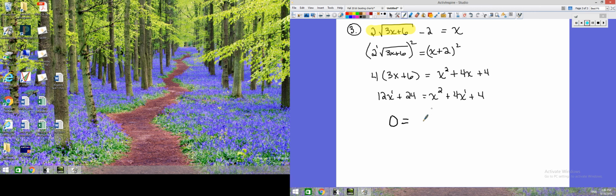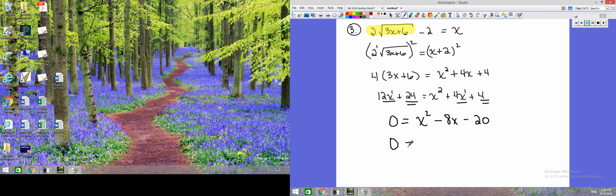So I only have an x squared term there, but I do have an x term there and there. If I'm moving everything to the right hand side, this will be minus 8x. If I'm moving the constant term to the right hand side, that'll be minus 20.